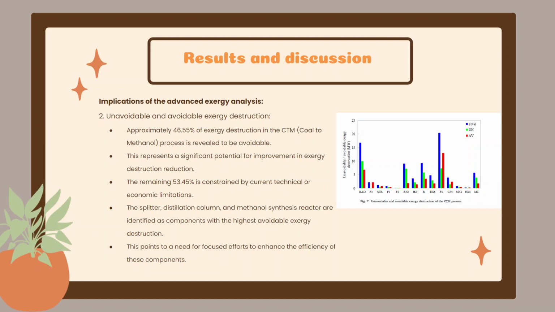The remaining 53.45% is constrained by current technical or economic limitations. The splitter, distillation column, and methanol synthesis reactor are identified as components with the highest avoidable exergy destruction, suggesting a need for focused effort to enhance their efficiency.